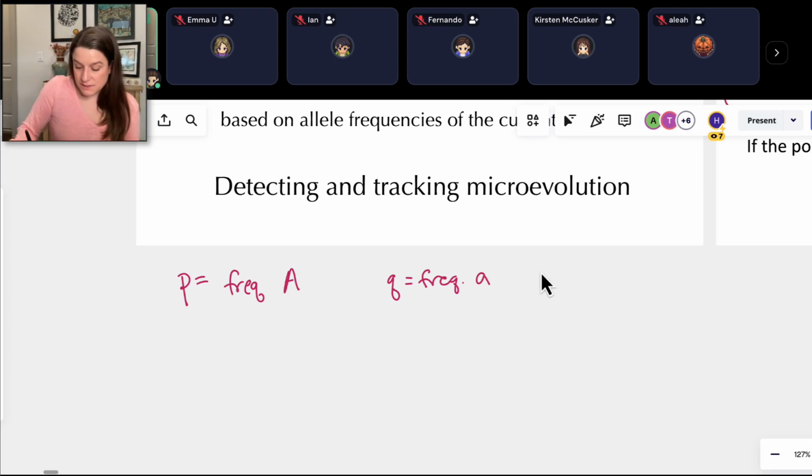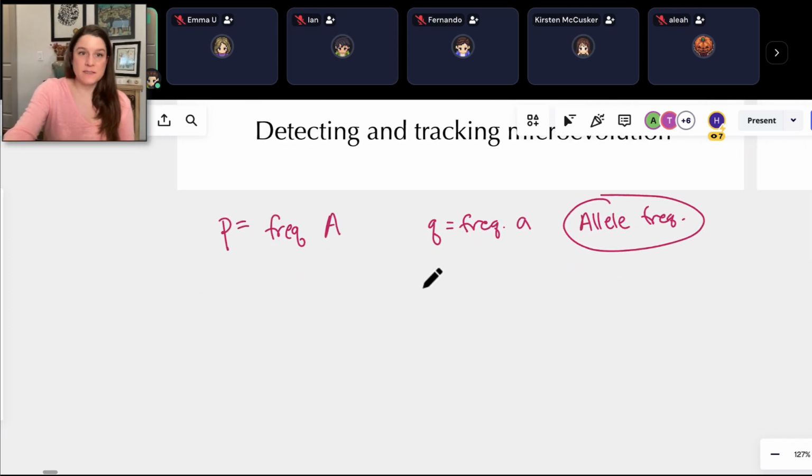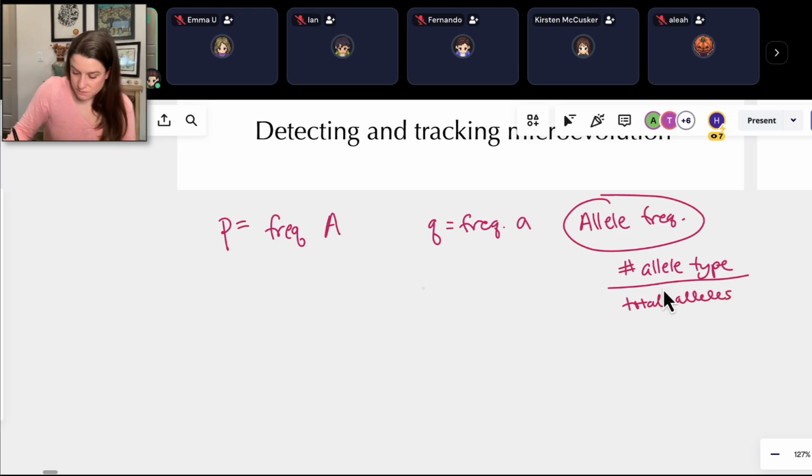Remember these are allele frequencies, the single letters, because an allele is just a single letter, like when you write a genotype, the little a, that's the allele. So P is an allele frequency and Q is an allele frequency. And remember, frequency just means the number of that allele type over the total number of alleles.